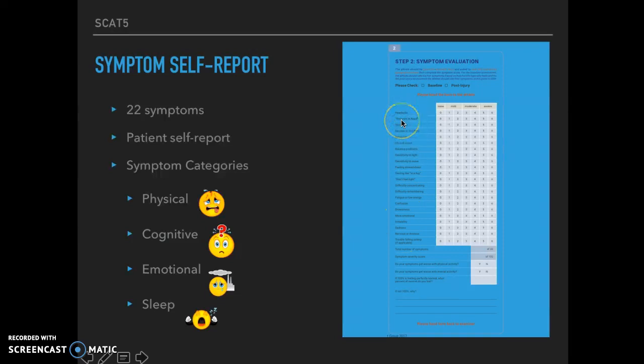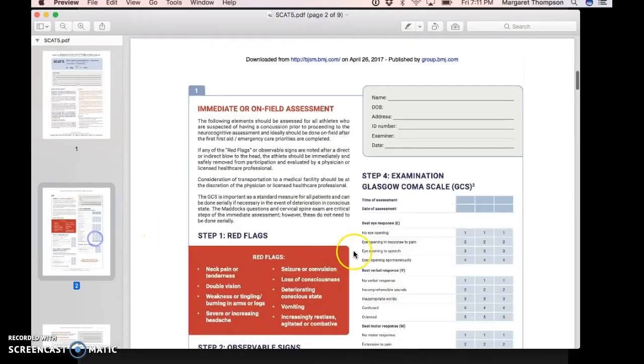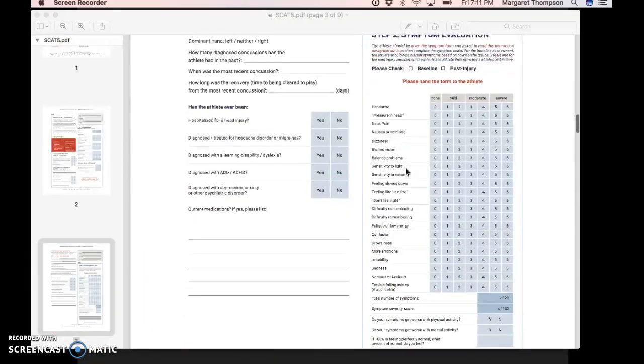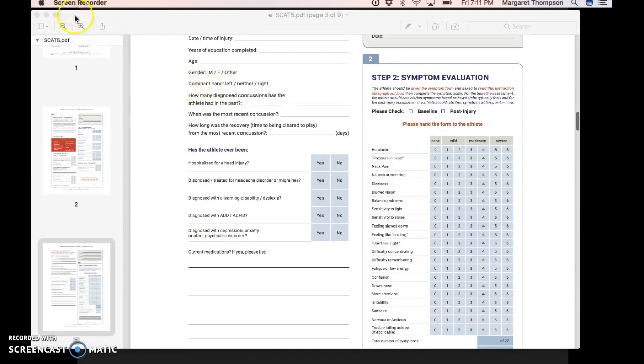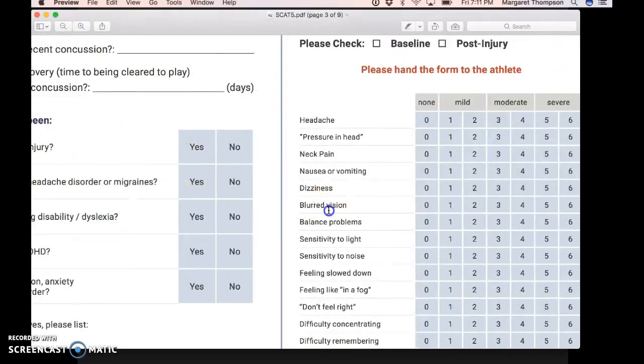You would read to them, in fact, I'll go back to the SCAT and read what they're telling us to do in SCAT-5. Here's the page of symptom self-report. I'm going to zoom in on it and turn off my sidebar. Okay.